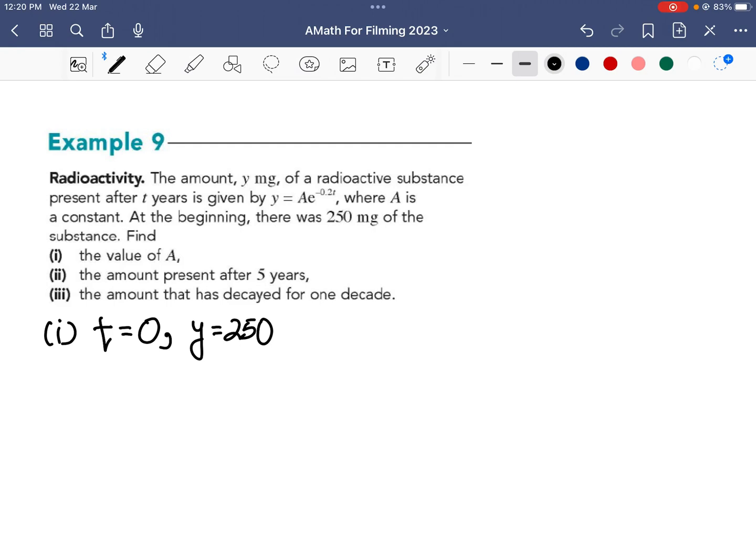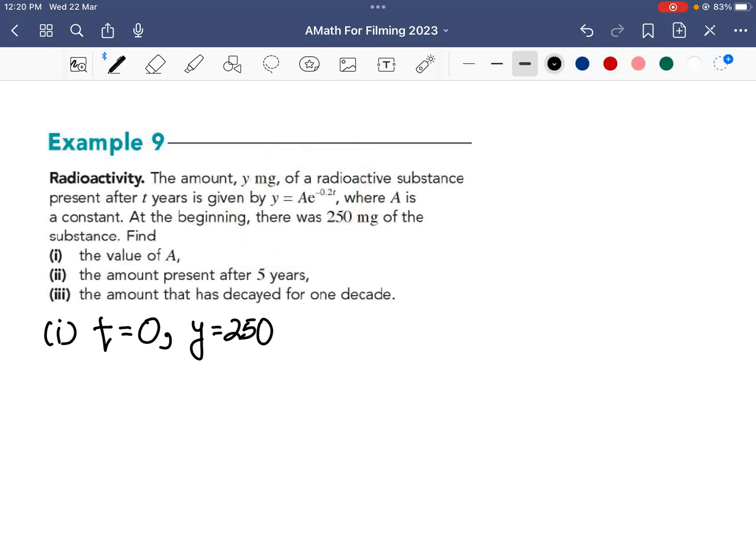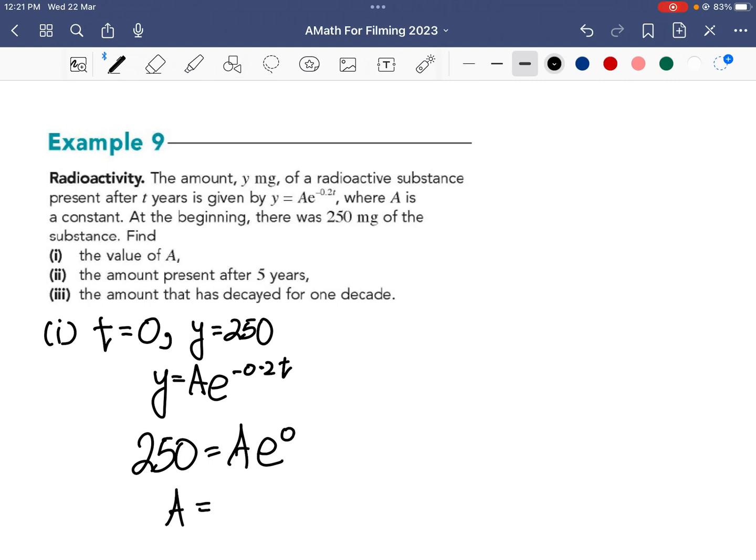So at the very start, I already have two values I can substitute into my equation to solve for the constant A. Hence, I write Y equals A e to the power of negative 0.2t. So my Y value is 250, A e to the power of negative 0.2 times 0, and that is e to the power of 0. So very simply, my A value is 250.